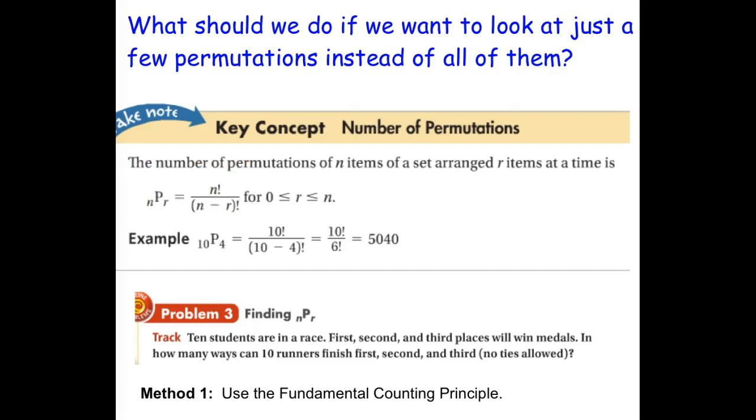The number of permutations of n items, so n is the total number of objects you have to work with, arranged r items at a time. So this is the total. This is how many I want to choose. Okay?